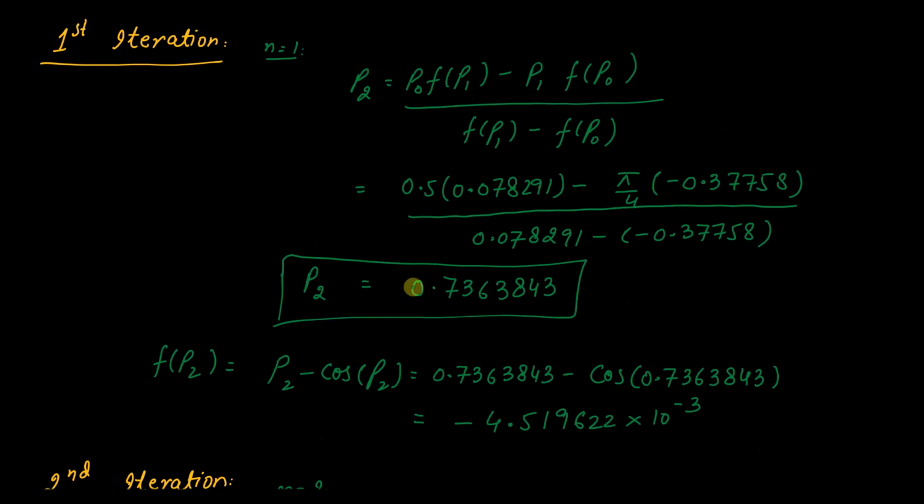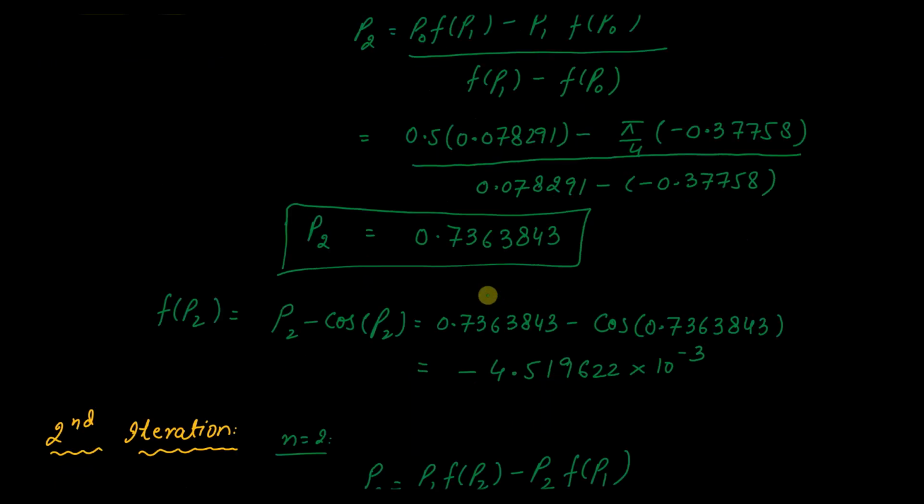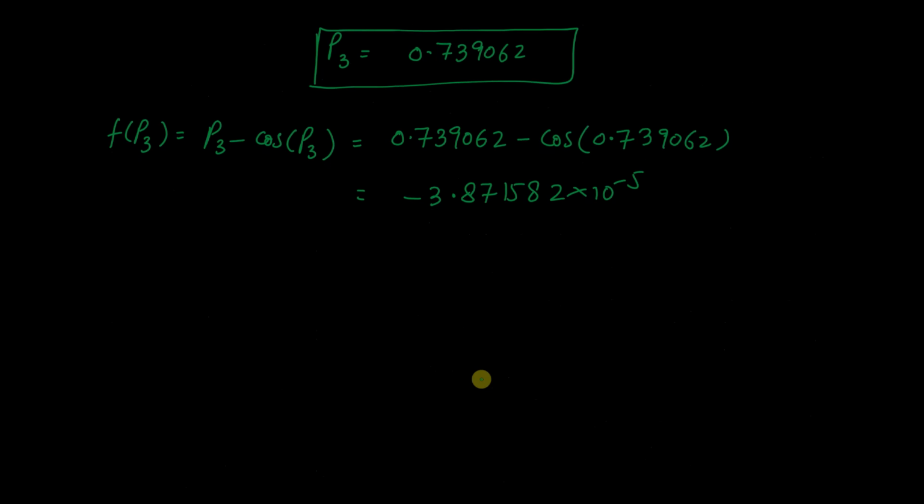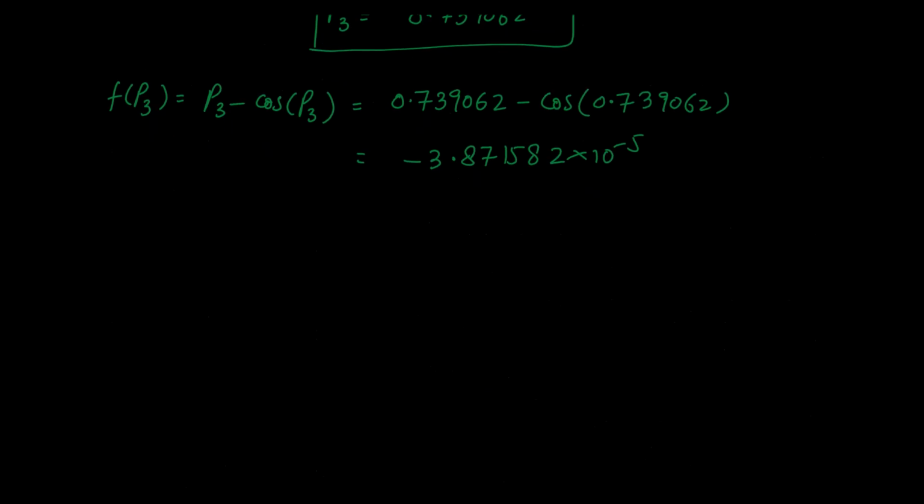So for P2 we have 0.7363, and for P3 we have 0.7390. So we got the accuracy to 2 decimal places. So let's go for the third iteration. In that case, we need to substitute n equals 3 in our generic formula.